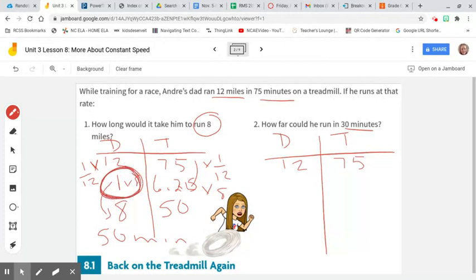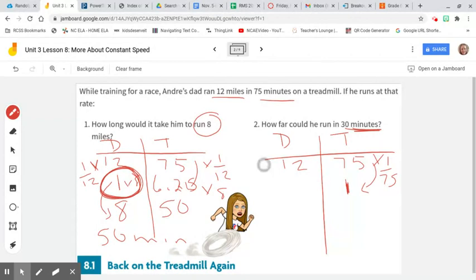Over here on question number 1, we were finding 1 for the distance. This time we're finding how far he could run in 30 minutes. So we need to know how far he can go in 1 minute. Just like we've done before, how do we go from 75 to 1? We multiply 75 times 1/75.